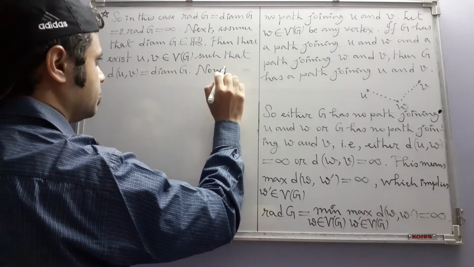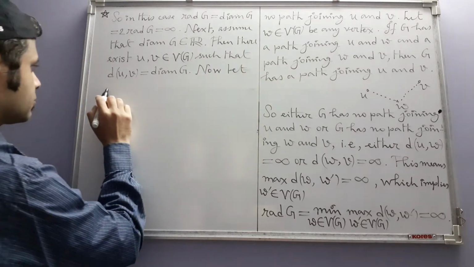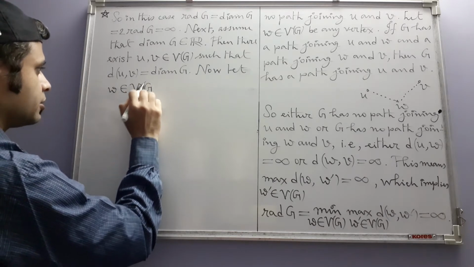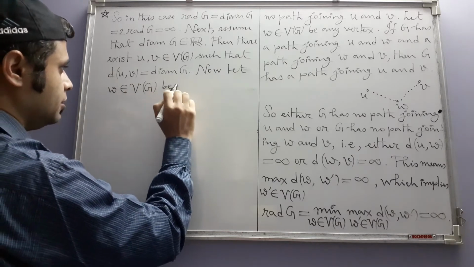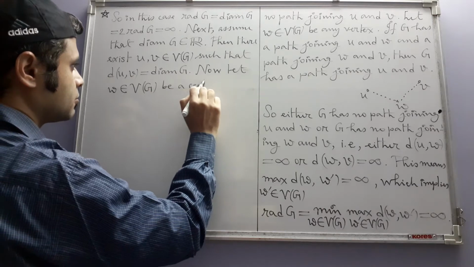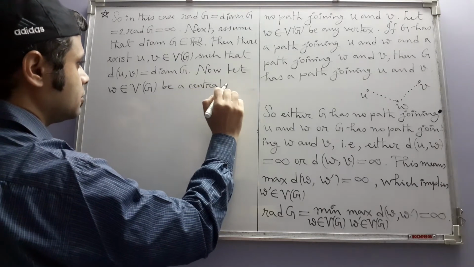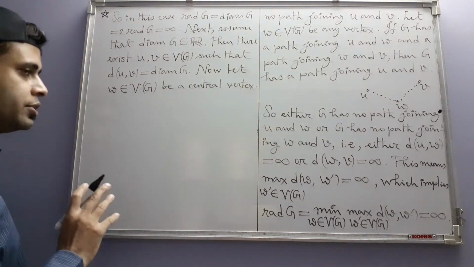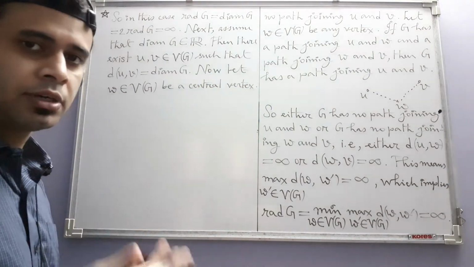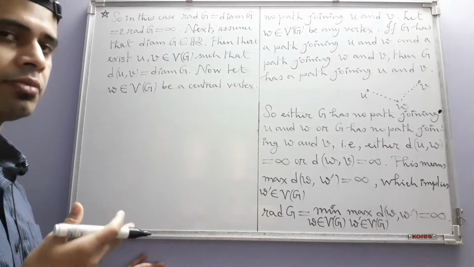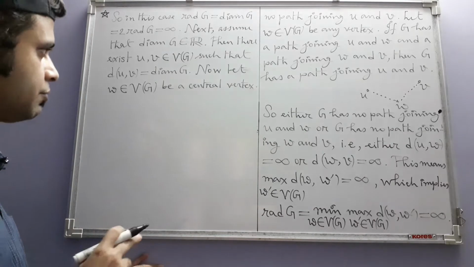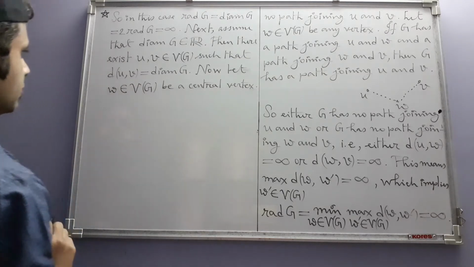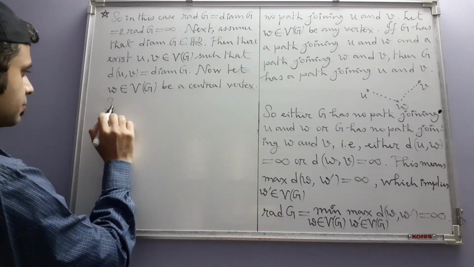Now let W belonging to V of G be a central vertex. As a graph G has a center, whatever it is, that center has vertices in it. We have chosen one such vertex, W, it's a central vertex.